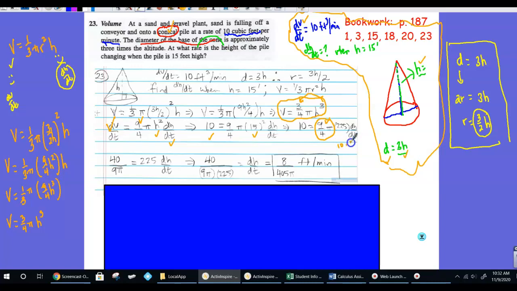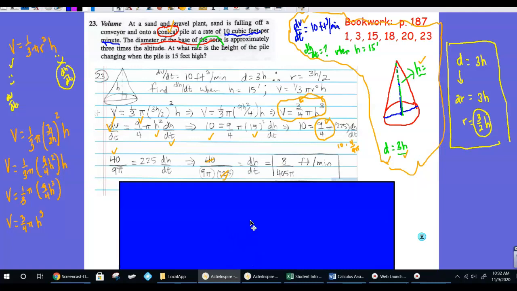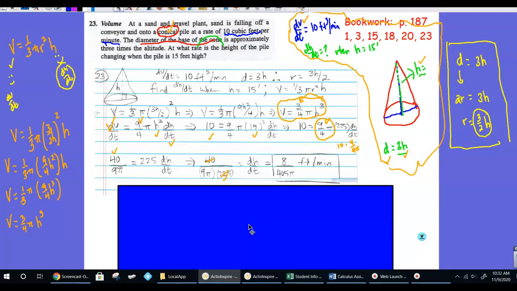Reciprocal of that is 4/9 pi, and that's where I got the 40/9 pi. And then I divided both sides by 225, which you can see right here. And then I reduced that by 5 and multiplied and got 8/405 pi. That will probably be for you the scariest part. So that is the related rate section. The calculus part of it is really not that hard. The big idea is reading it and interpreting it.